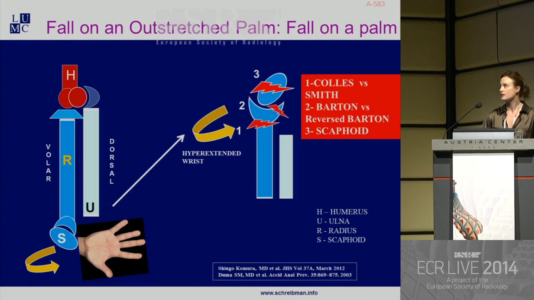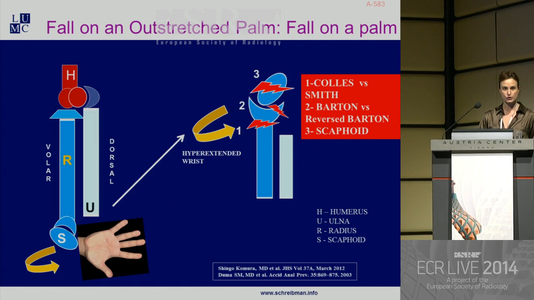This slide shows how the fall on a palm puts the wrist in a hyperextension position, causing most of the fractures of the wrist and of the carpus, especially the extra-articular fracture of the distal radius, which is also called the Colles fracture, the intra-articular fracture of the distal radius, which is called Barton's fracture, and also, distal to this, the fracture of the scaphoid.